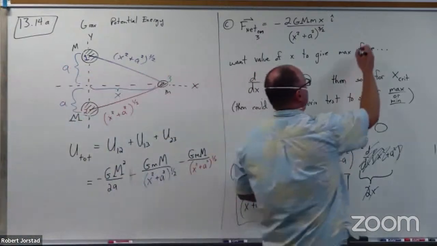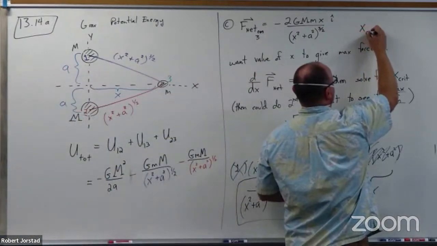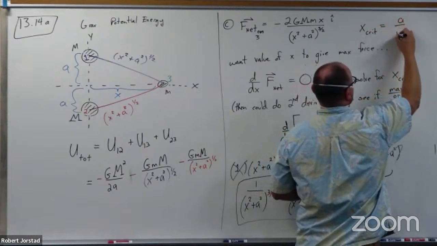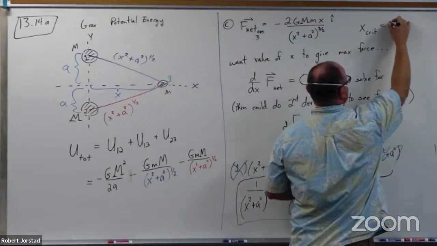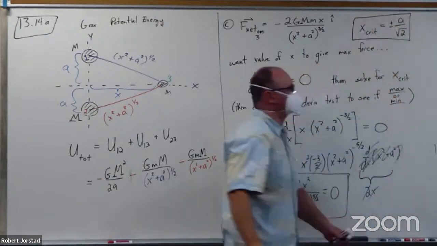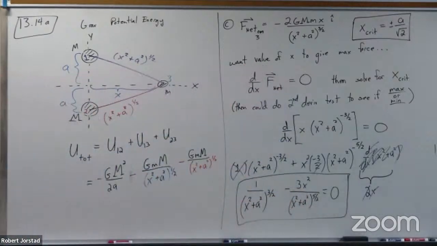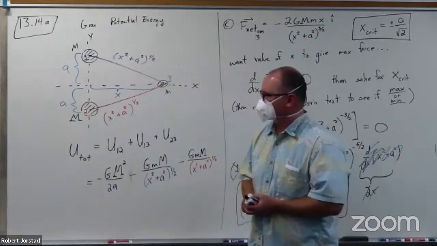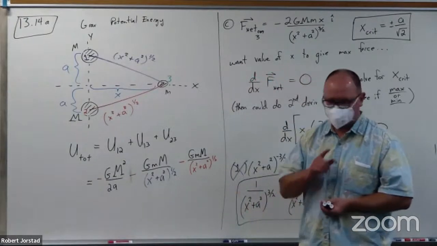So the answer to this ends up being X critical equals A over root 2. And I believe there's a plus or minus on here. Yep. So it makes a 45-degree angle? Not quite. So that was the question.